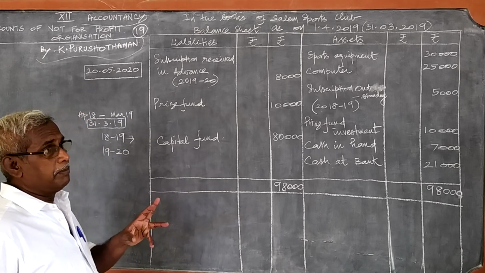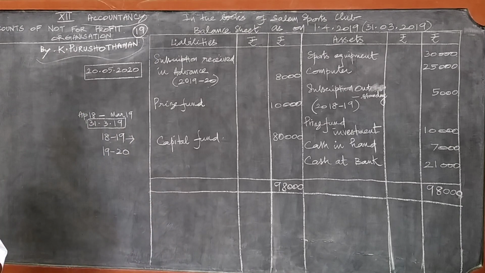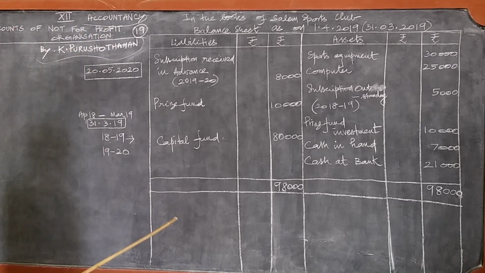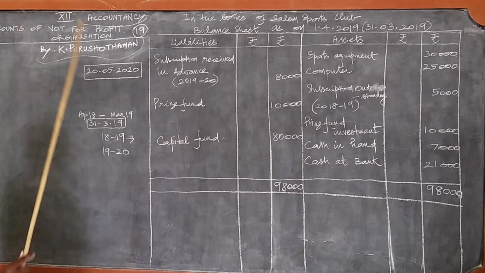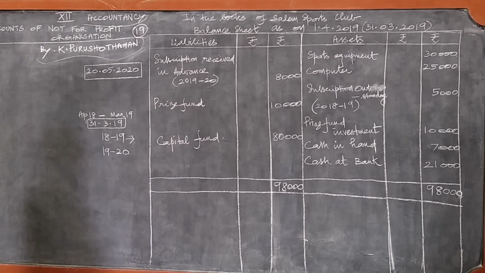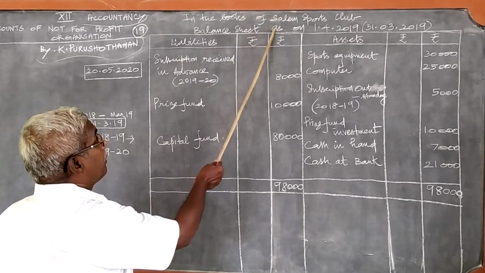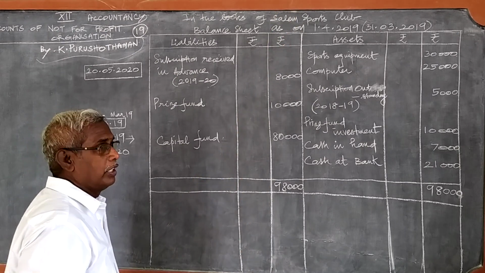If we prepare the income and expenditure account, we can find the surplus income, or if there is any shortage in income, the deficit. And the third part, the balance sheet only, can give us the capital fund. You should remember, once you are asked to find the capital fund, you must prepare only the balance sheet of the club or association or mandram.